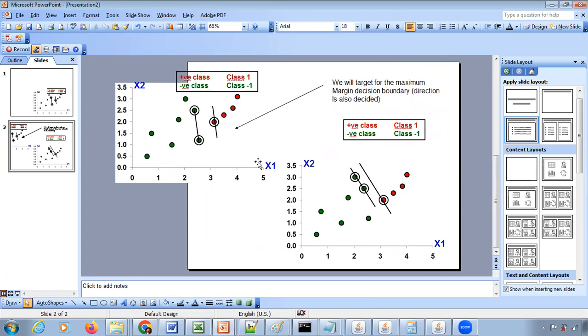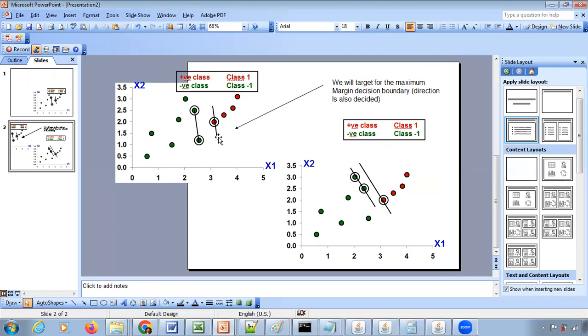This decision boundary is kind of in this direction, facing down like this, whereas this decision boundary is kind of more inclined like this. So we are able to set the margin of the decision boundary as well as the direction by choosing at least two support vectors from one of the two classes.